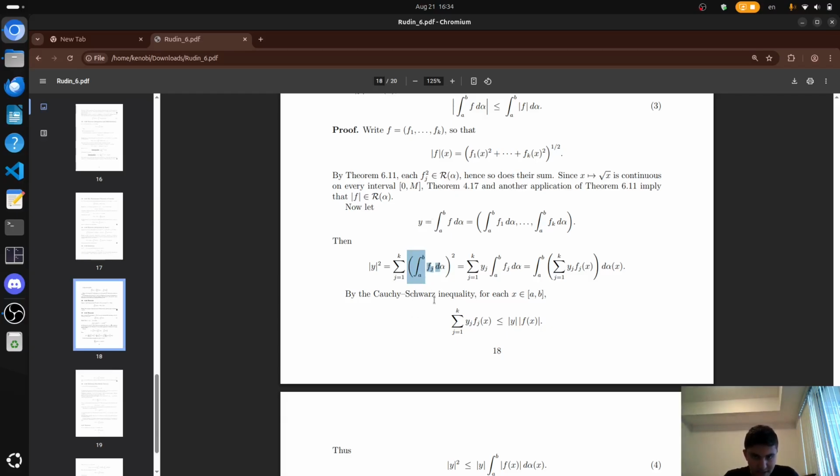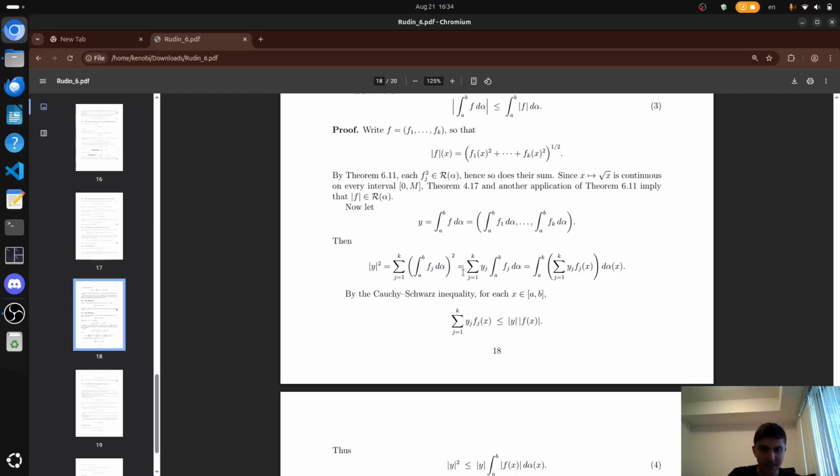And this is equivalent to the sum of the y_j, which are the components, times the integrals of f_j, which is also the same thing as y_j. So we're describing the components in two different ways and using that as a strategy.